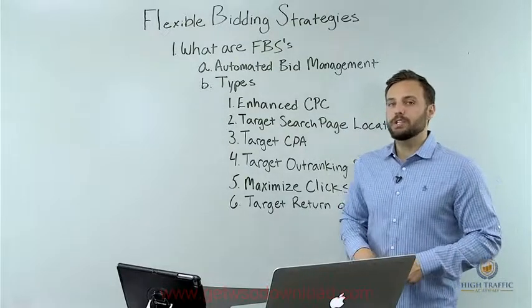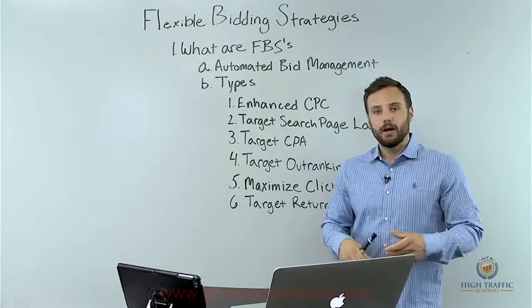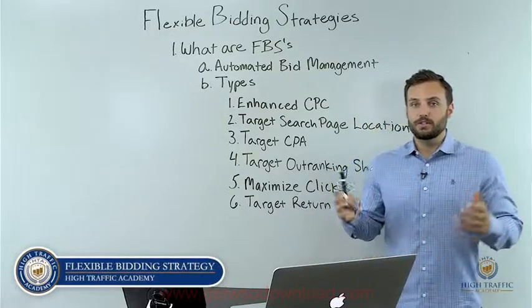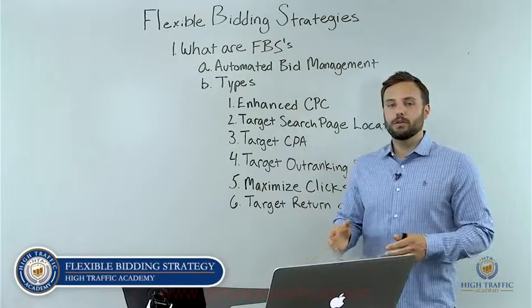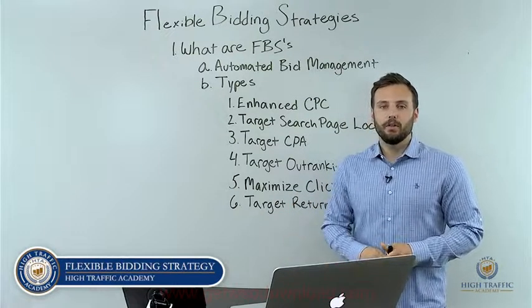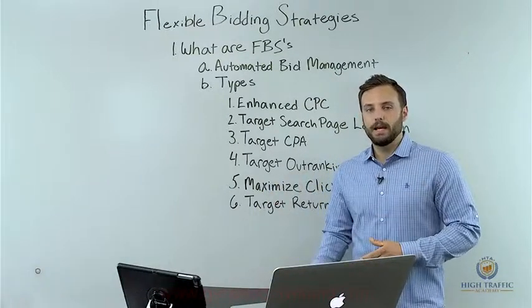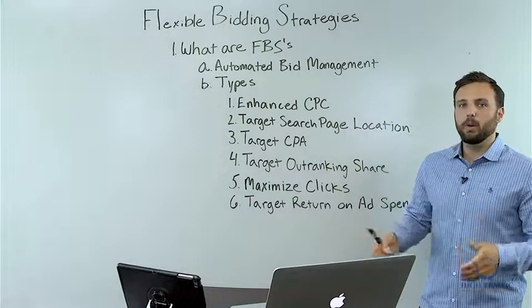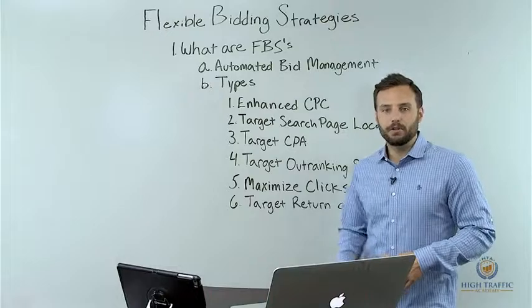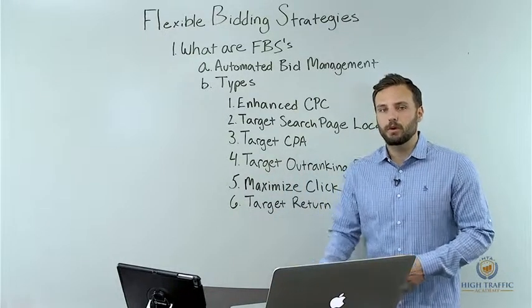Flexible bidding strategies have many pros, and they also have some cons. You're trusting Google to manage your bids, and there are some folks who are not a fan of allowing Google to be the source of bid management for you. The other is, if you set it and walk away from it, you could get out of control spend and you could be paying too much per click.